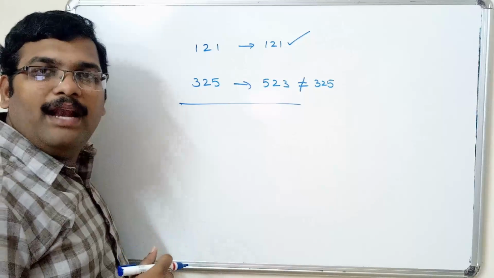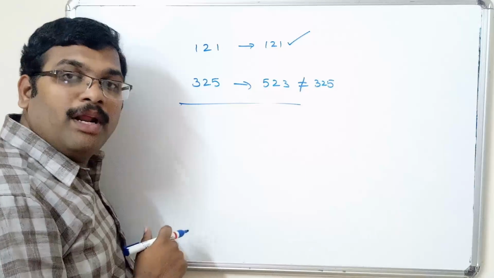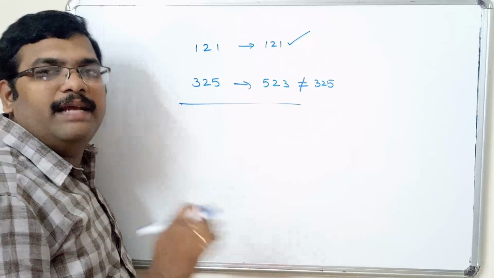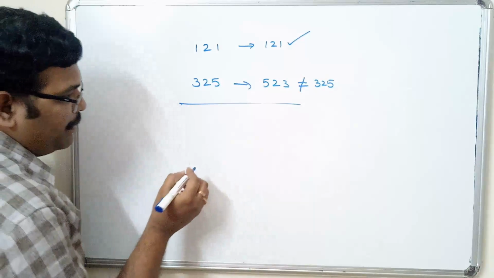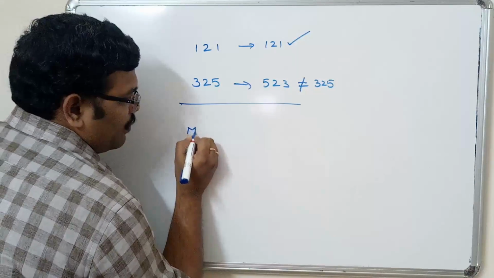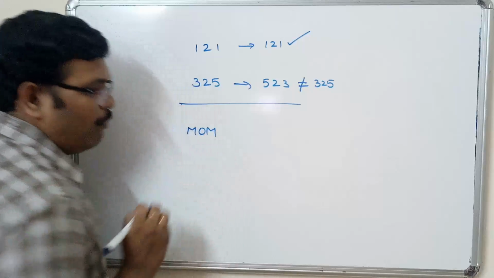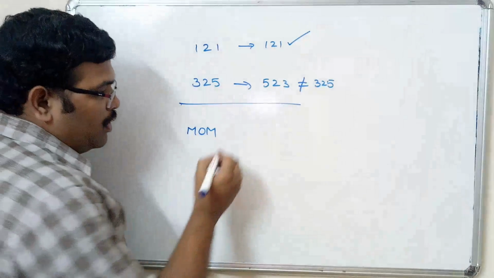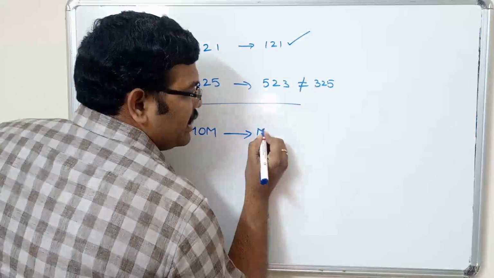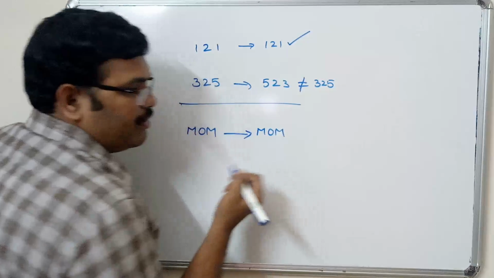Coming to the string palindrome, similar to the numerical palindrome, if you reverse the string, we have to get the same string. For example, let us take "bomb". If you reverse this string, we will get the same string.